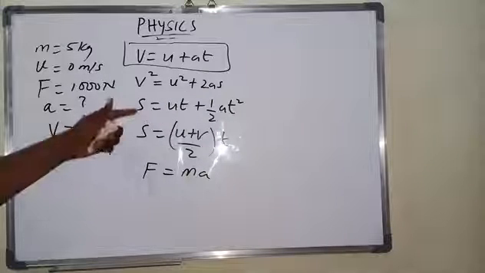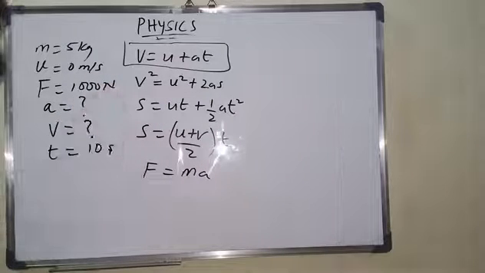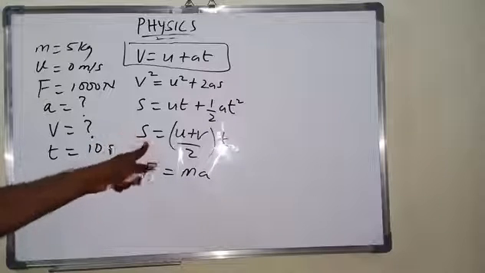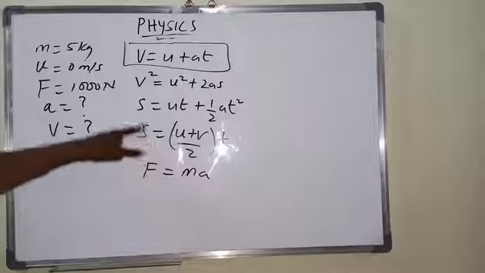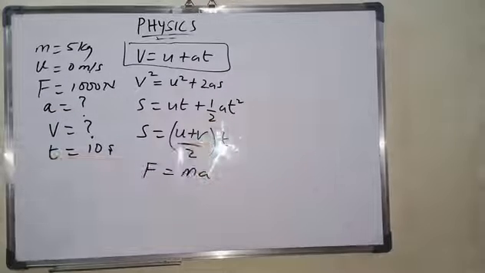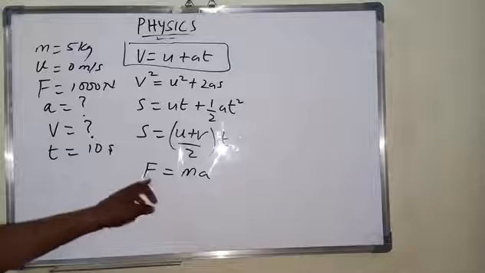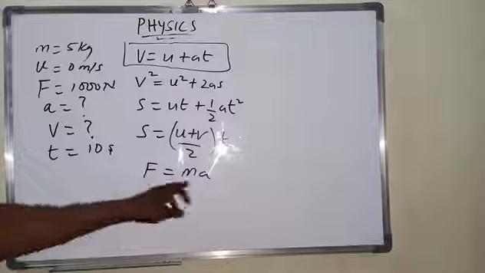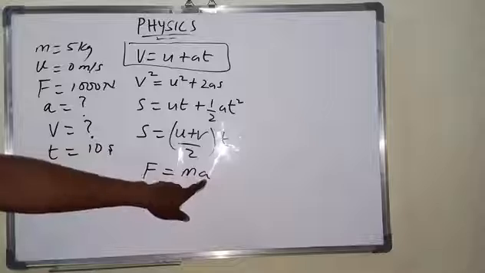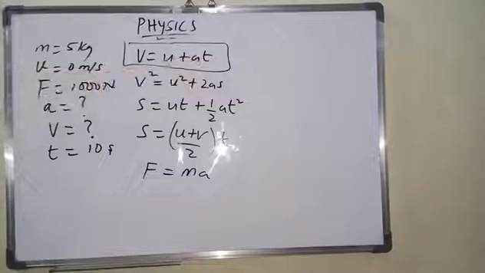The same thing here, we have no information on distance. Though such a distance can be calculated from here if you want to go that way, then substituted here with time, then acceleration can be obtained. But there is a better, easier way of calculating the acceleration, which is from this, since we are given the force and the mass. Once you are able to get a, then we substitute here to get v, and that is all.